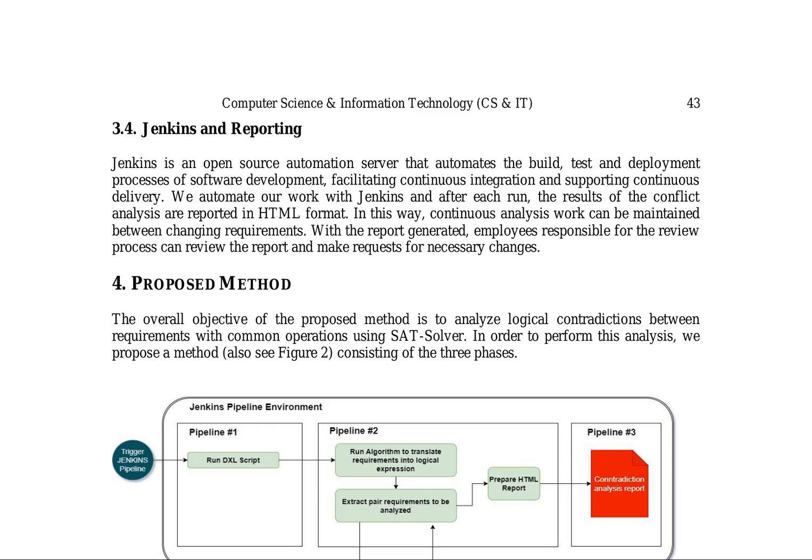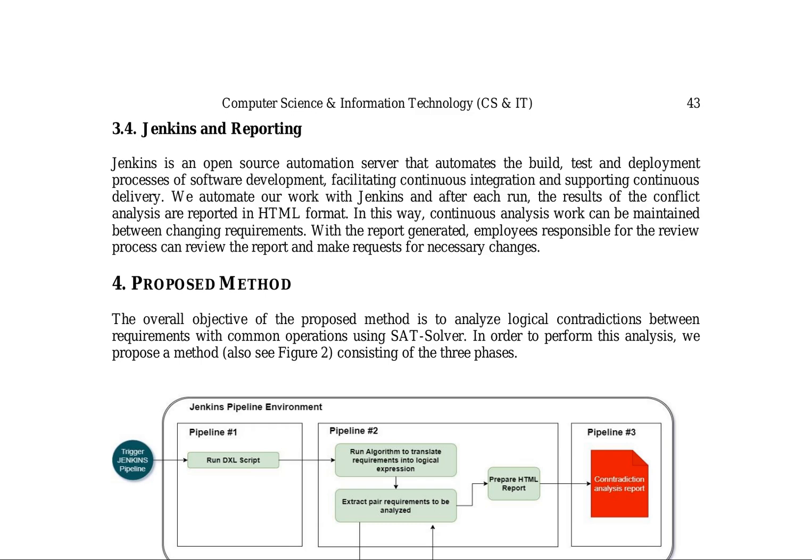The proposed method for analyzing logical contradictions between requirements with common operations using a SAT solver consists of three phases: converting requirements to logical expressions, conflict analysis, and reporting. The conversion phase involves parsing requirements using ANTLR4, translating them into logical expressions, and simplifying complex sentences.